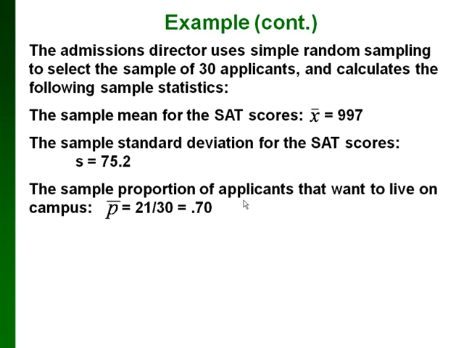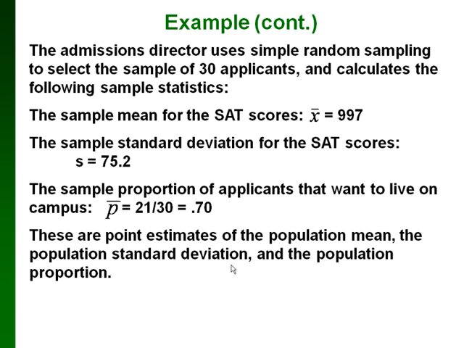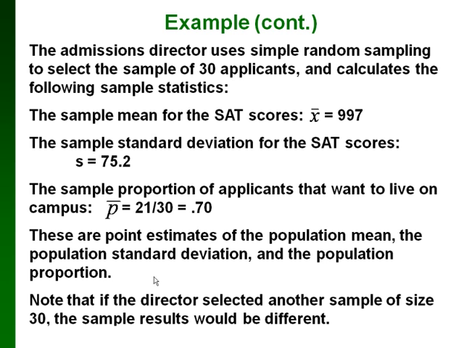And the sample proportion of applicants that want to live on campus is P bar, which is 21 over 30, and that turns out to be 0.70. So these three are point estimates of the population mean, the population standard deviation, and the population proportion. An important thing to remember is that if the director went back and selected another sample of size 30, she would get different results for these three statistics.